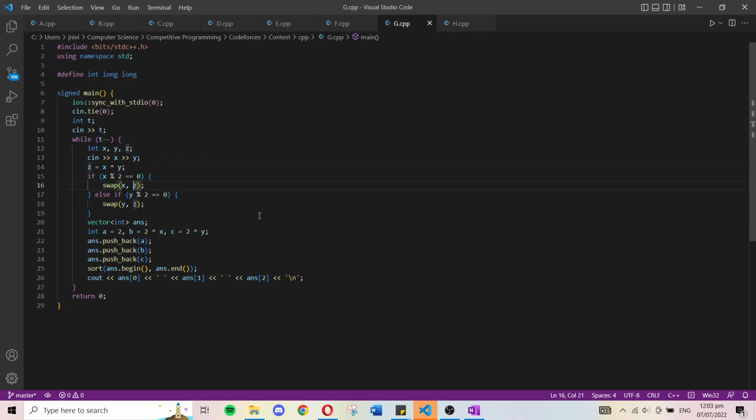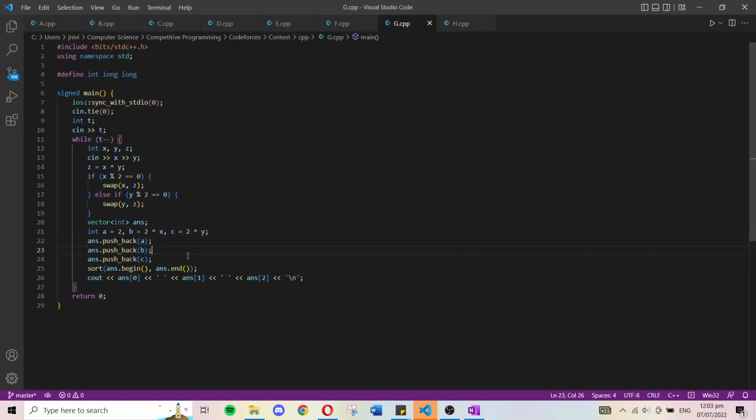So that we have two odds. If y is even, then we just swap y and z, so that x and y are both odd. Now we are safe to do XOR with 2, which gives us B and C. It actually doesn't matter if it's A or C, right? You actually don't know which one.